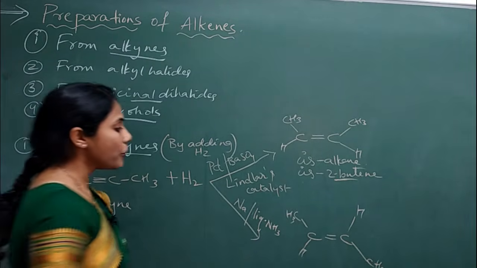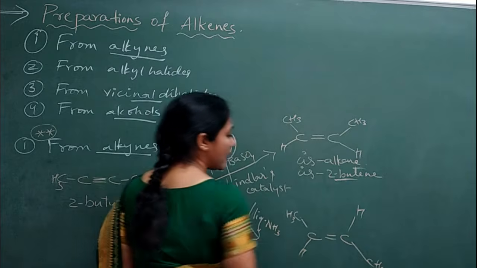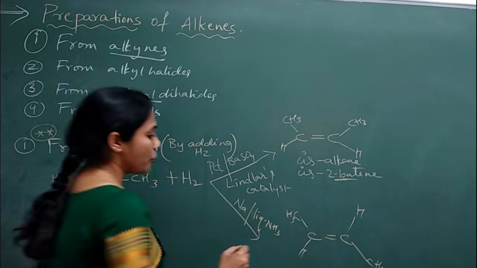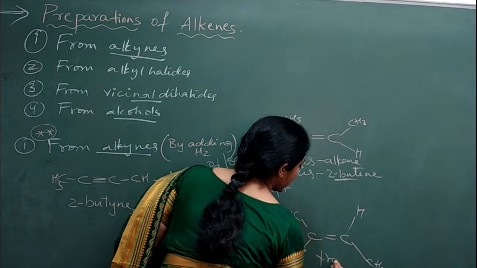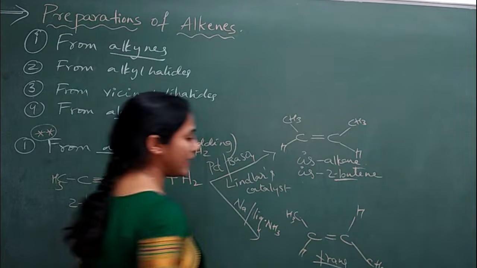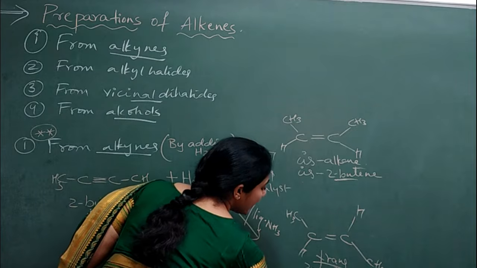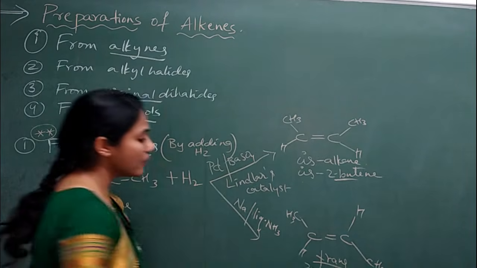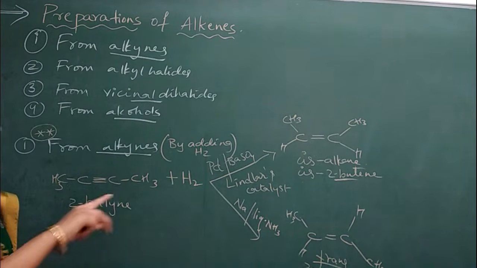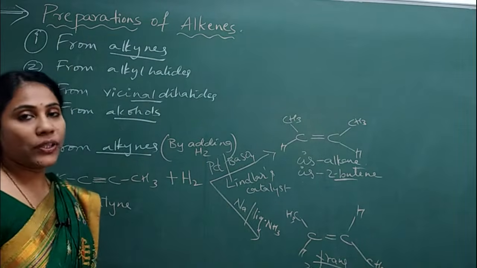You see, same groups are there on opposite sides. So this is trans alkene. Here you got the trans variety. So trans-2-butene you will get here. So this is how two types of isomers you will get.